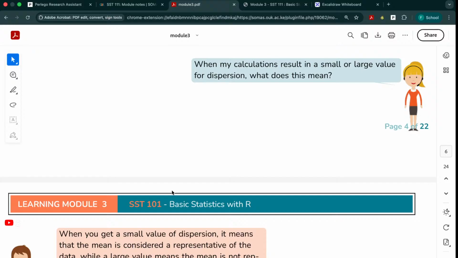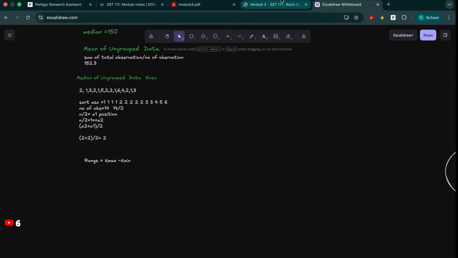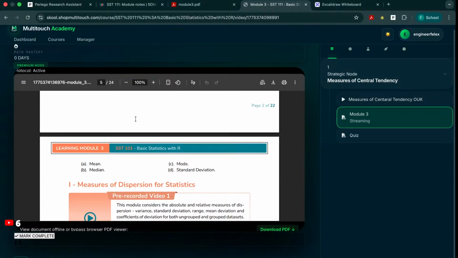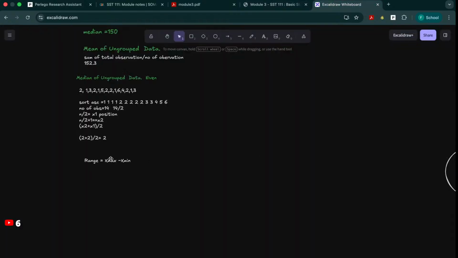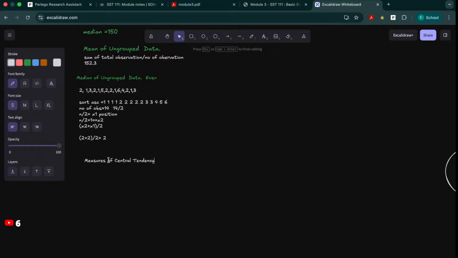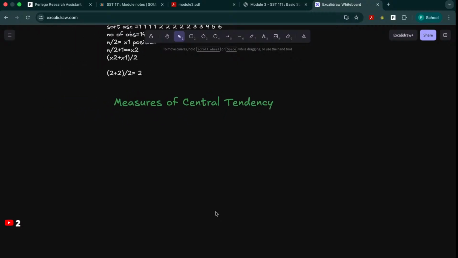Then on relative dispersion, one can check out the meaning of the words absolute and relative. So this is what we are covering today.